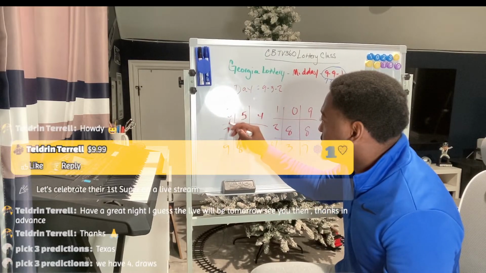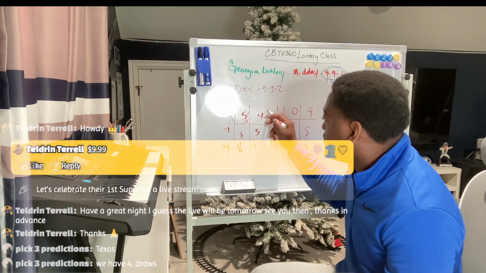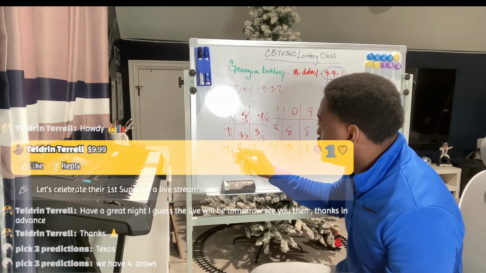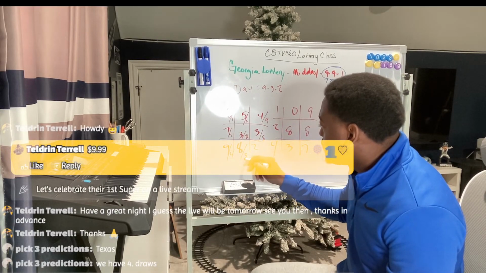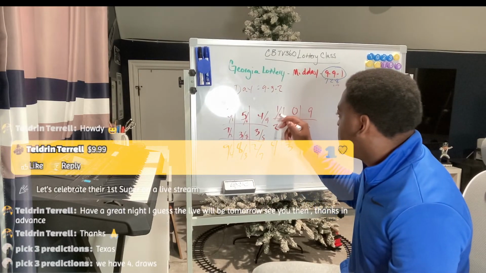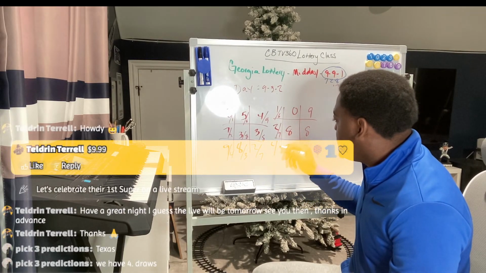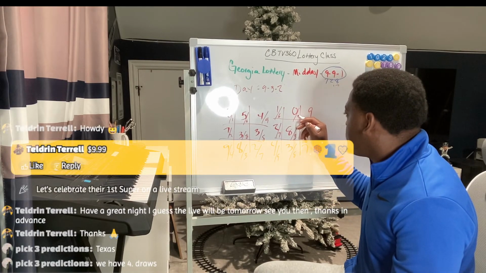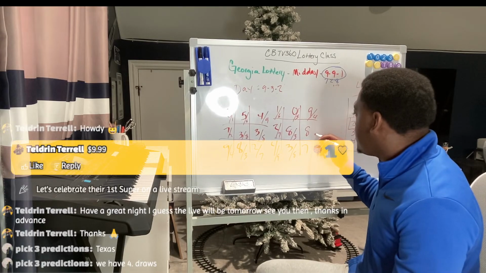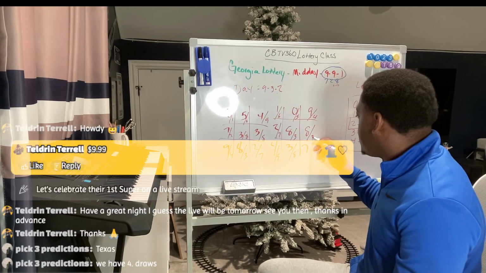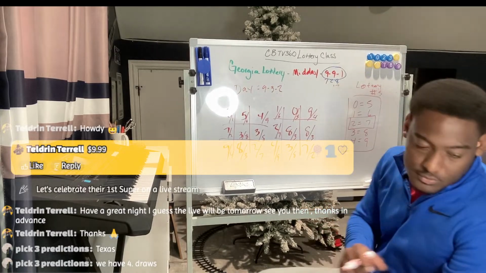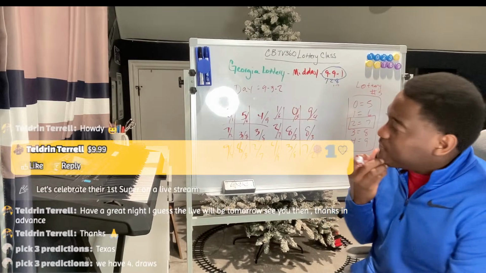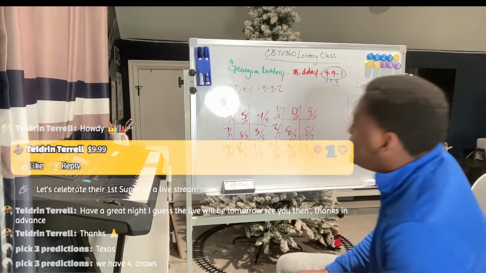So this will be a 1, a 0, a 9, 8, 8, 2, 4, 3, 7, 6, 7, 9, 8, 3, 5, 4, 3, and 2. Okay. So the Texas lottery looked like it was 544.